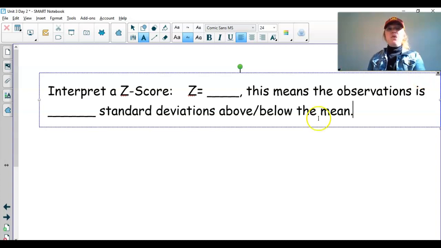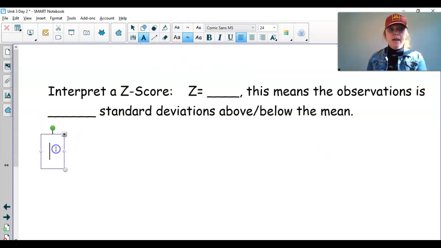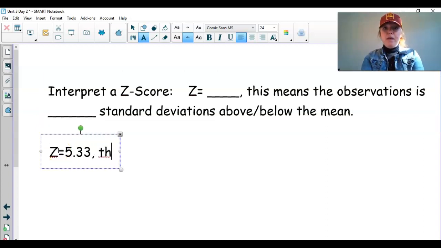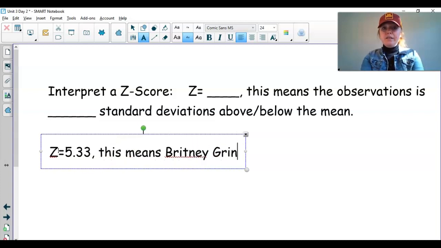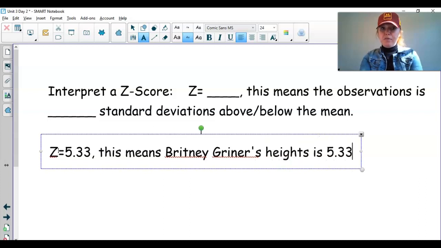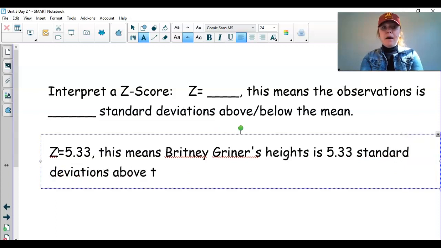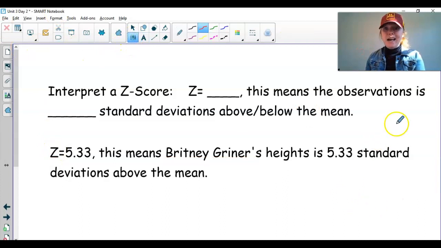For example, with Brittany Griner, what would we do? We would say the z-score for Brittany Griner is 5.33. This means Brittany Griner's height is 5.33 standard deviations above the mean. What did you notice here? I put it in context.